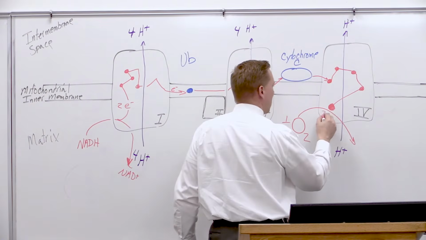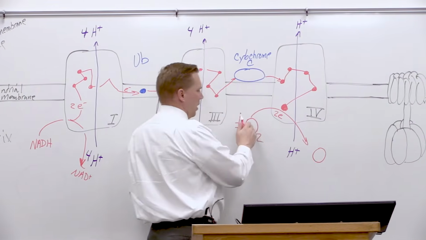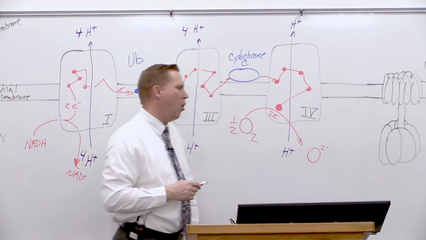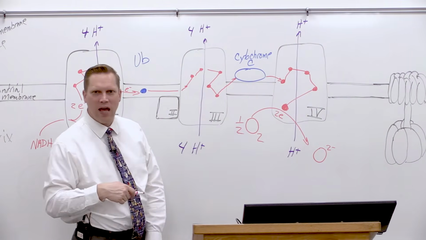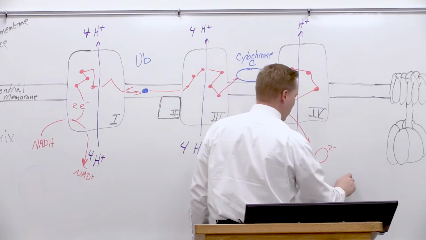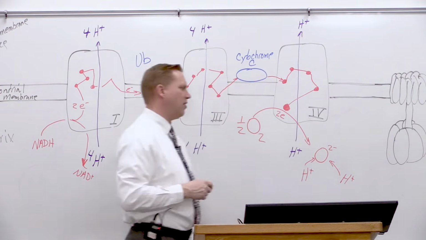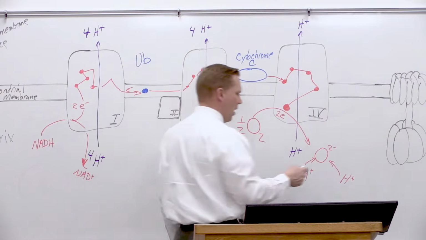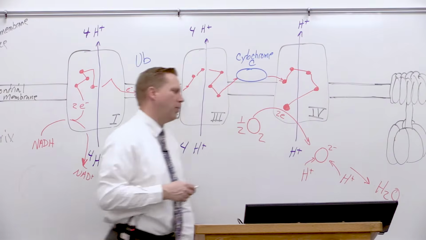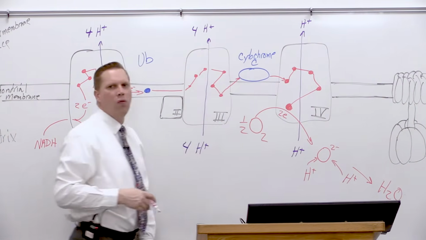And then we're going to pick up those 2 electrons, and that's going to create, if we split this and it's neutral, and then we add 2 electrons to it, O2-. So that's an oxygen atom with a -2 charge on it. That's not very stable, so a couple of protons get attracted to that -2 charge, and we end up creating a molecule of water. And so we're going to take O2 and turn it into water.